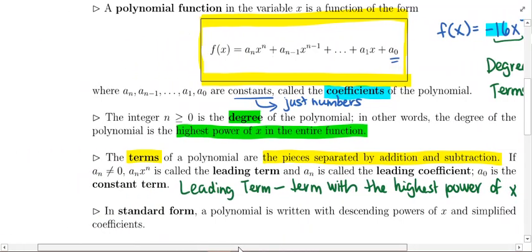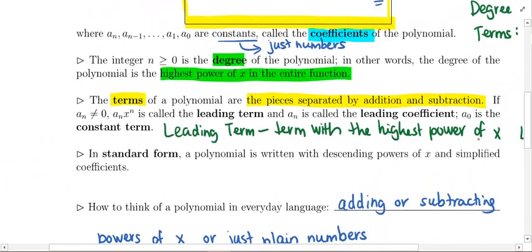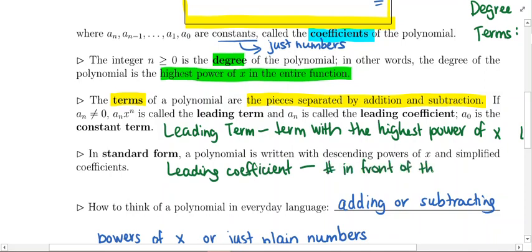Then there's something called a leading coefficient. The leading coefficient is the number in front of the highest power of x.